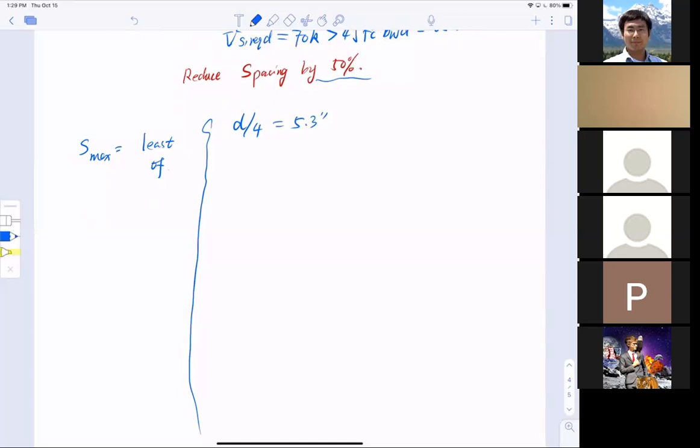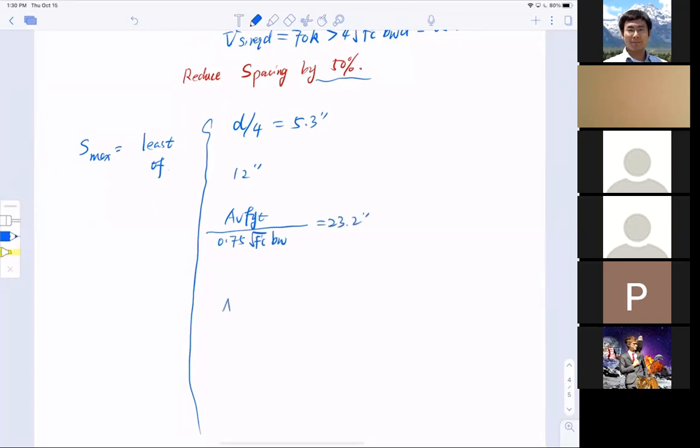It was 24 in the previous case, now it's 12 inches. The other things stay: Av fyt divided by 0.75 square root f'c bw, and that is 23.2 inches.